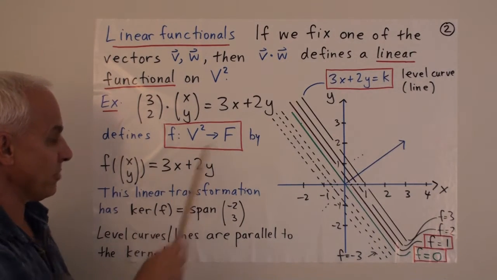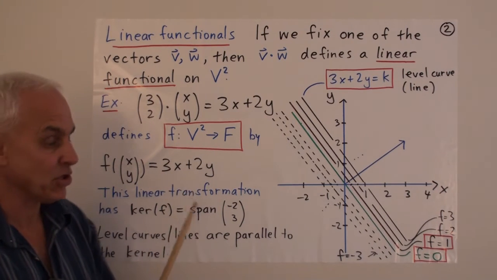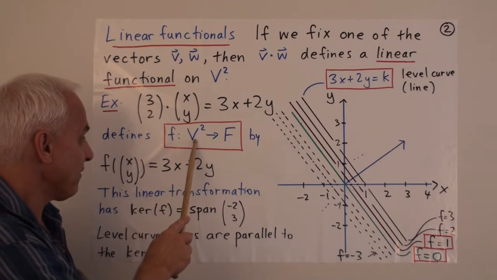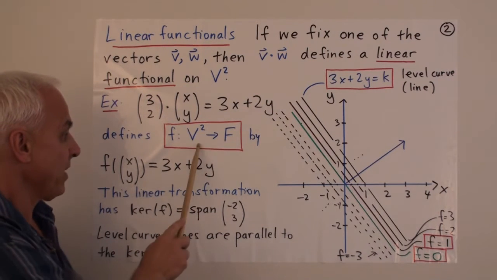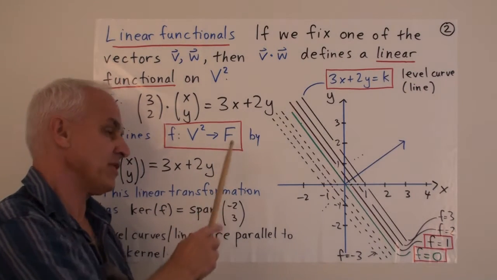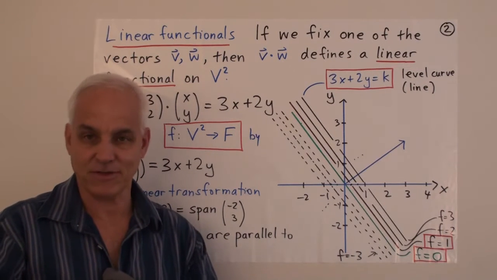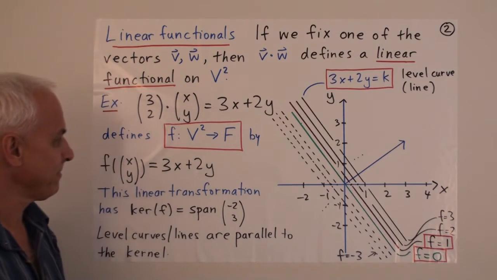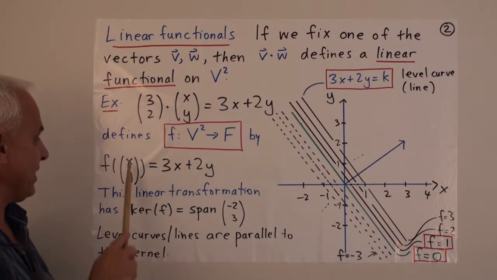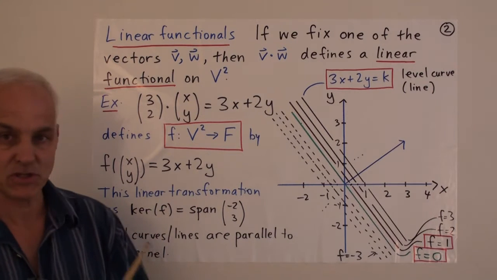So we can write it this way in terms of functional notation, or in terms of linear transformation type of notation, which it actually is. It's taking the vector space, in this case V2, and sending it to a number, in F. This is a field that we're working in, which for us most of the time is the rational numbers. Specifically, this function takes a vector (x, y) and outputs the number 3x plus 2y.